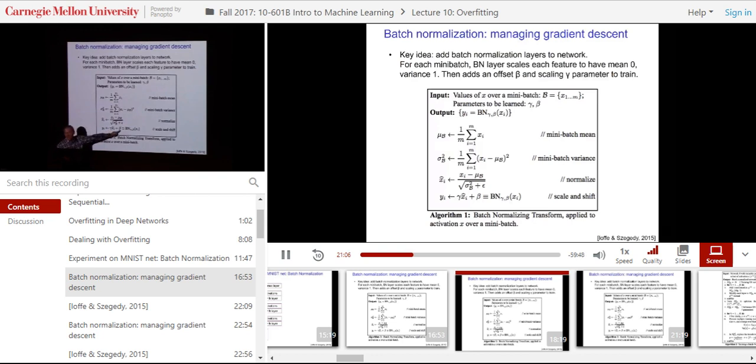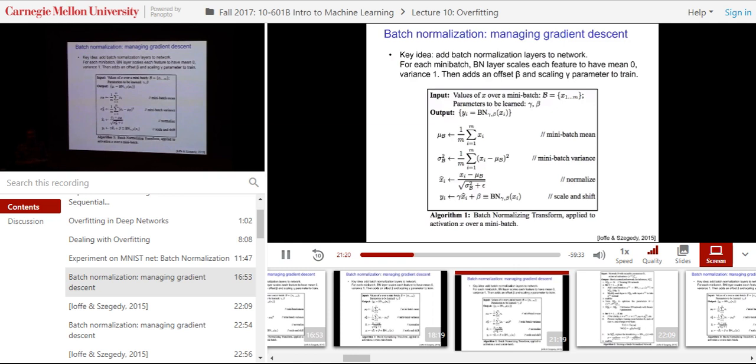They can add an offset. And if they don't like the variance being 1, they can scale. So this makes the xi's have mean 0, variance 1, but it still gives the network the ability to train these parameters if some other mean and some other variance would be helpful.